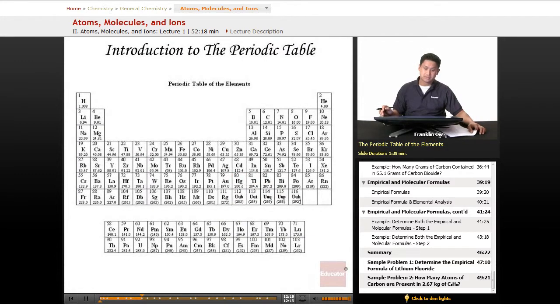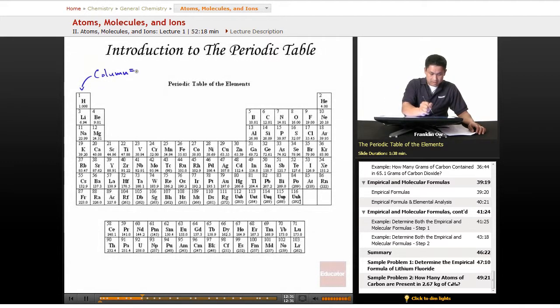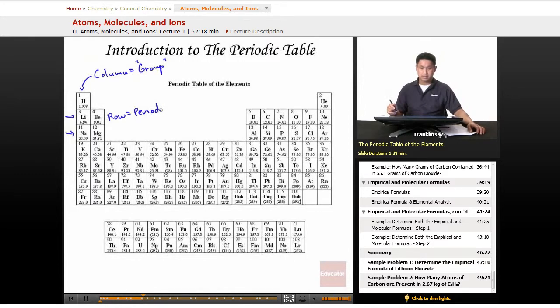And now we get introduced to the periodic table. Well, the periodic table is essentially organized into different rows and columns. Okay, so each column is also referred to as a group. Each row is referred to as a period.